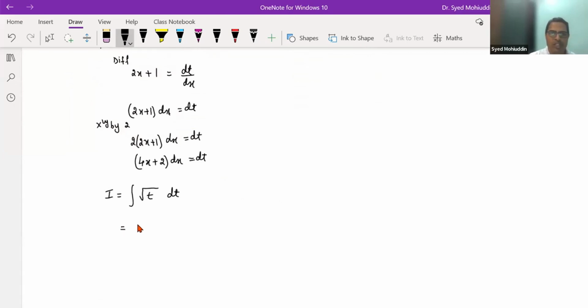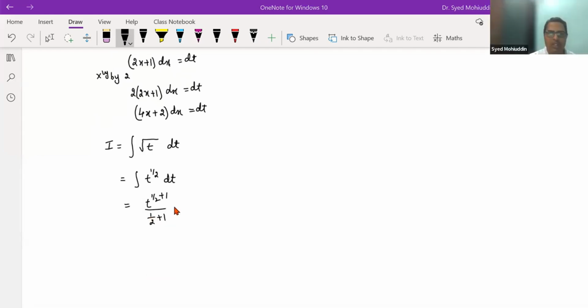So if you try to rewrite this one, it is the integral of t power of half times dt. Or once again using the x power of n formula, x power of n plus 1 by n plus 1. So t power of half plus 1 by half plus 1 plus the constant of integration c.